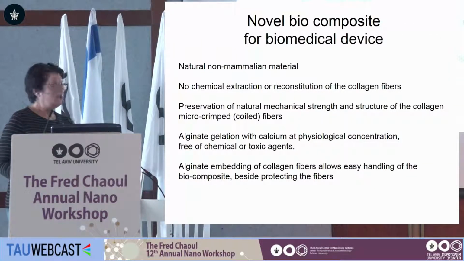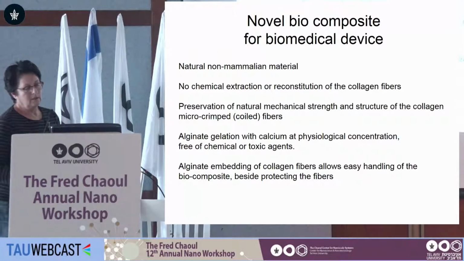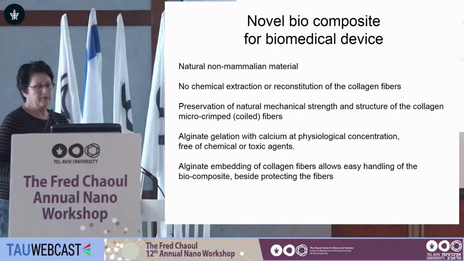So in the second part, I have shown you that we have natural non-mammalian origin material, and this has a huge benefit since it doesn't have to go through chemical extraction, and it maintains very well-defined mechanical properties.